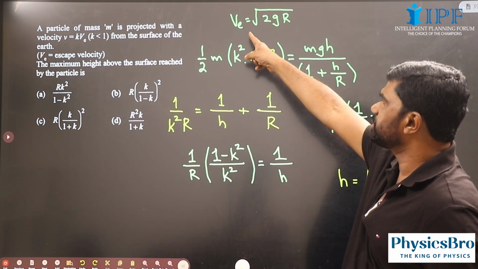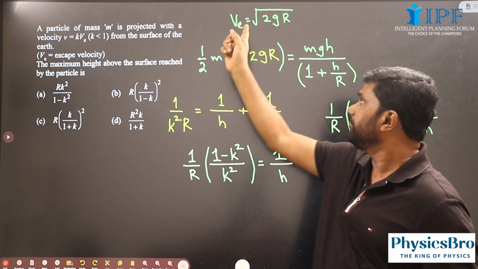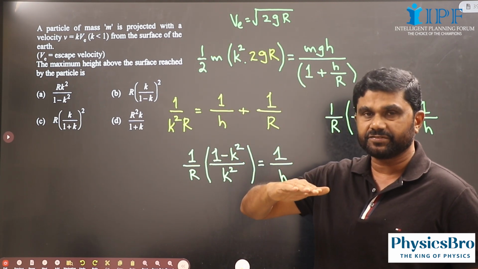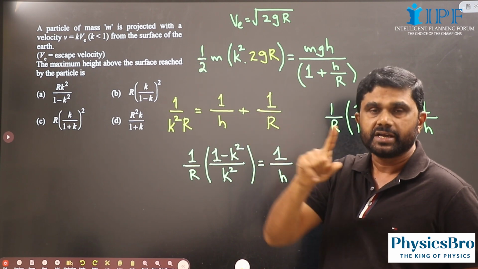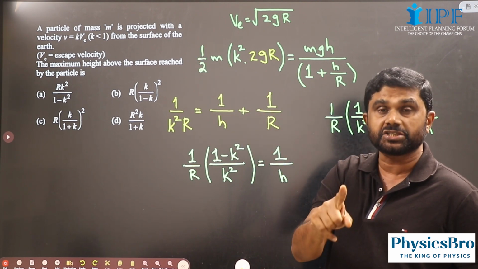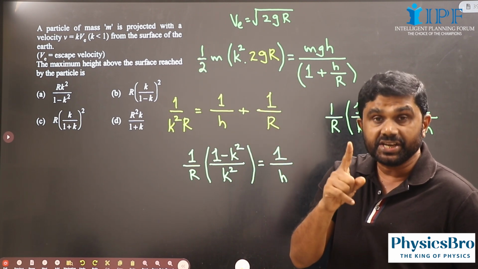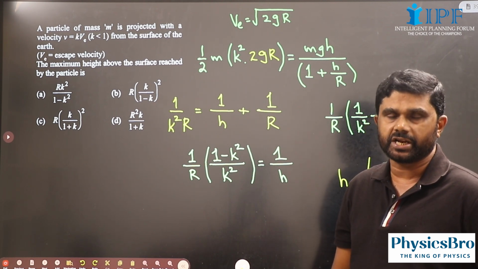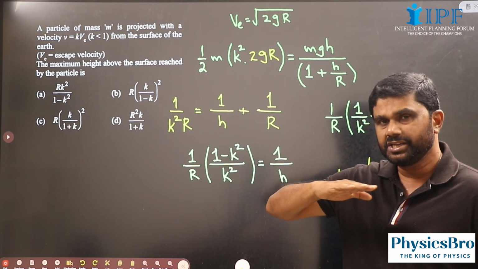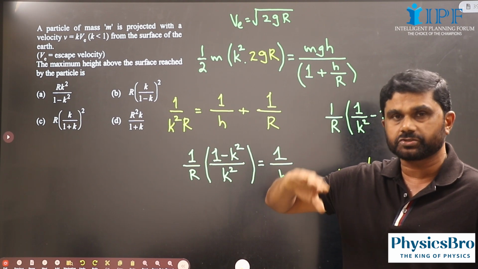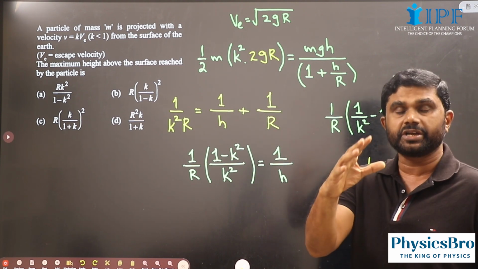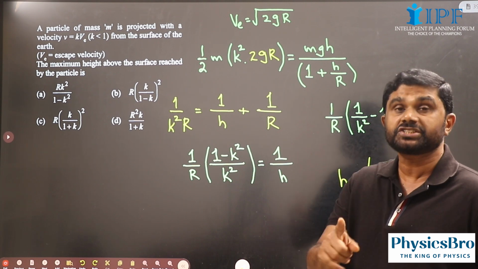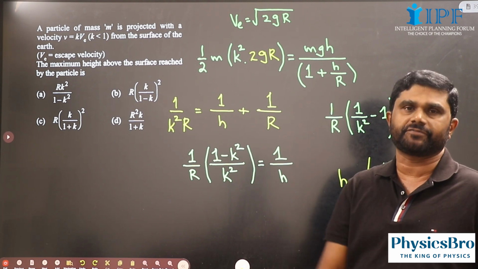This is the expression for the escape velocity, v equal to root of 2gr. As the body moves from the surface of earth to maximum height, kinetic energy decreases and potential energy increases. Decrease in kinetic energy equals increase in gravitational potential energy. Initially the kinetic energy is half mv square and finally it is 0. So the decrease in kinetic energy will be half mv square itself, in which v is k times the escape velocity.